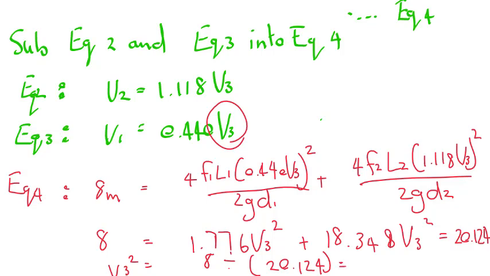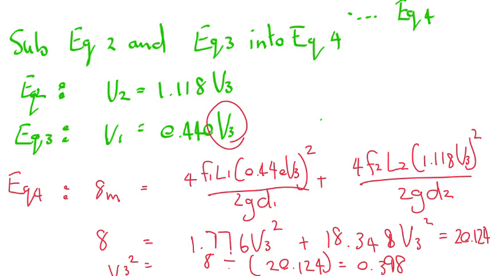And what does that equate to? 8 divided by the 20, which is alpha C, and you should get 0.398, more or less.